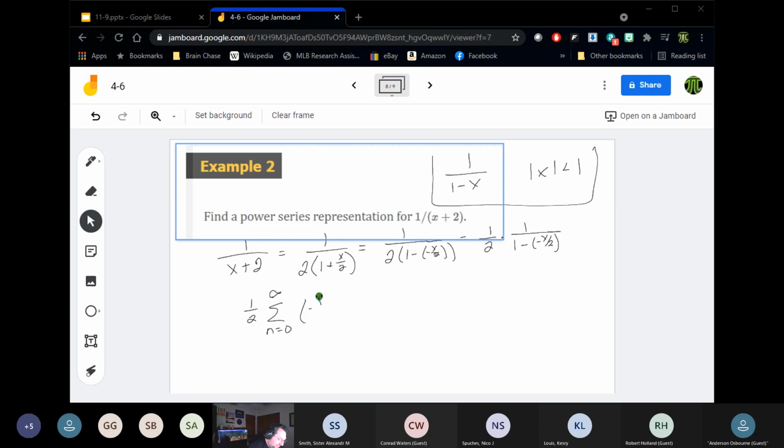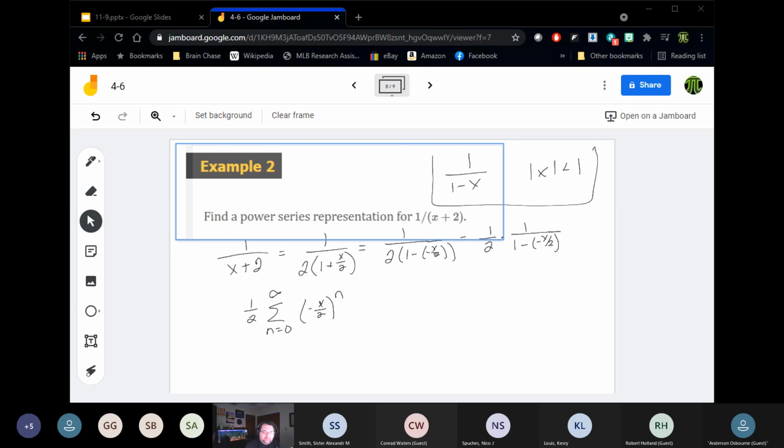So it's negative x over 2 to the nth power. Does that part make sense? Yeah.